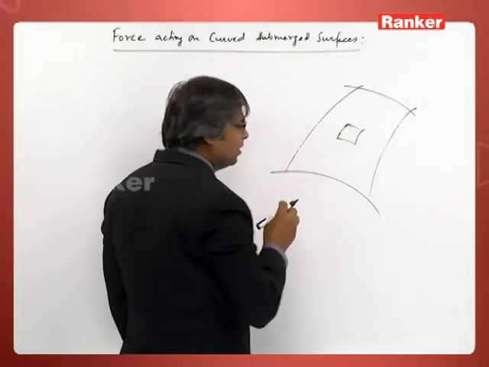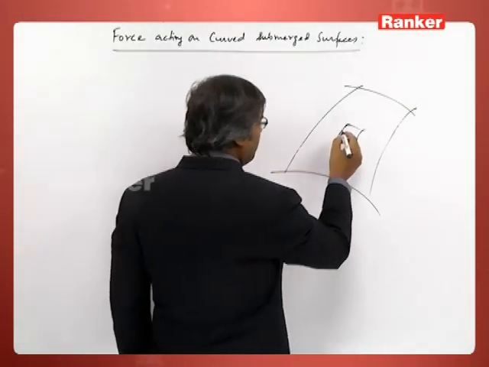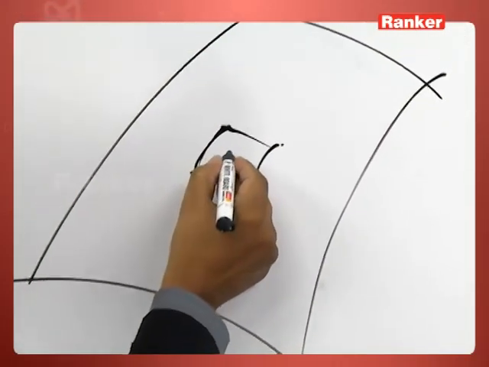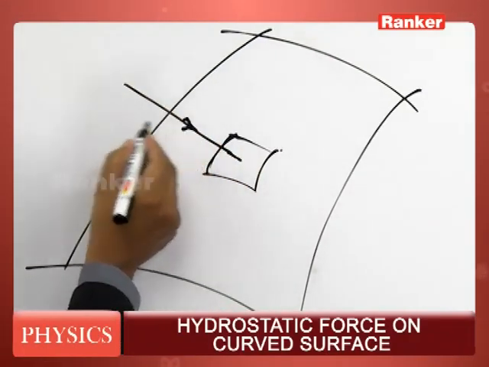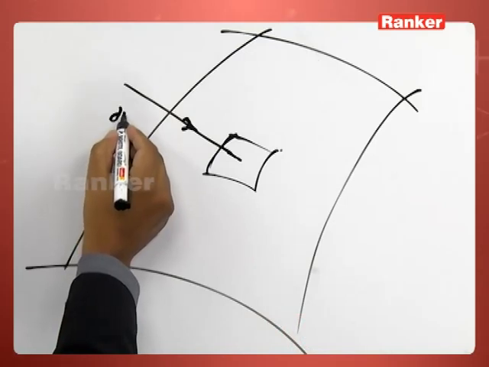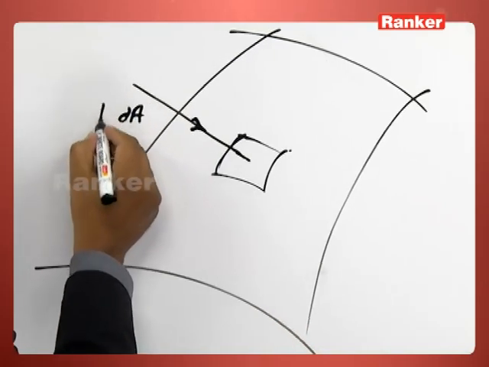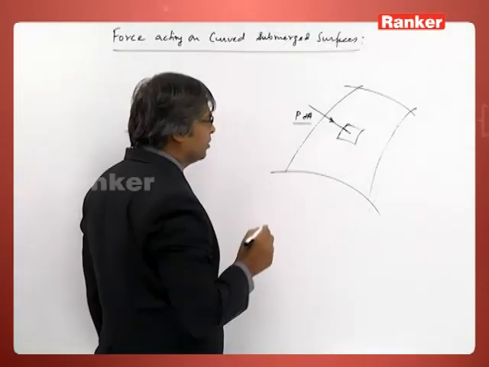This is a small area, I say it is dA, and the pressure is normal to this. So we have a pressure force, say P dA. This is the force acting on it.